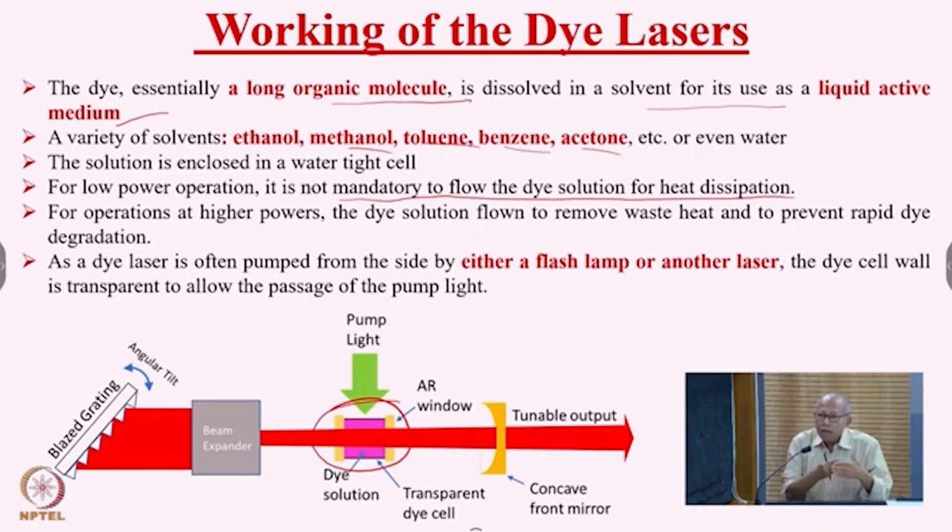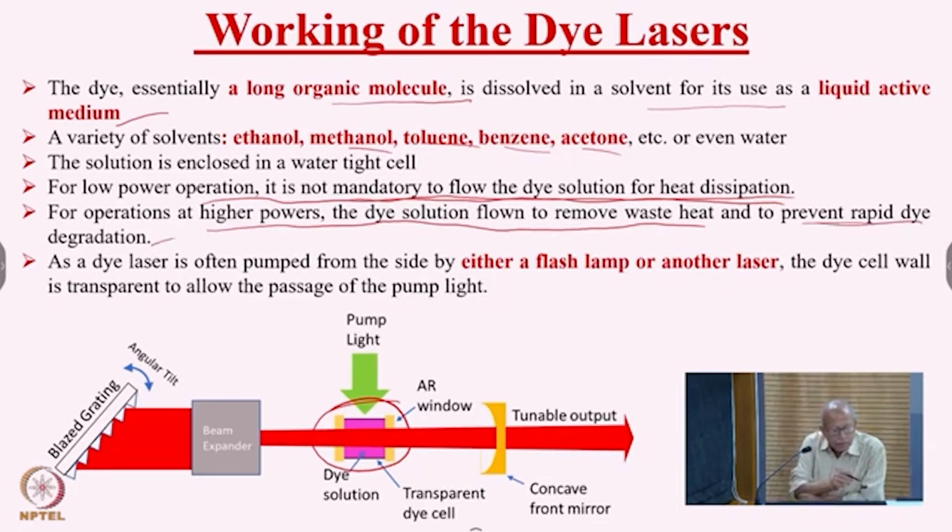Heat stays back in the liquid medium and heats up the temperature. However, for low power operation, it is not mandatory to flow the dye solution for dissipation of heat. Natural cooling will suffice. However, for operation at higher power, the dye solution is flowed to remove waste heat by some cooling system, and it also prevents rapid dye degradation.